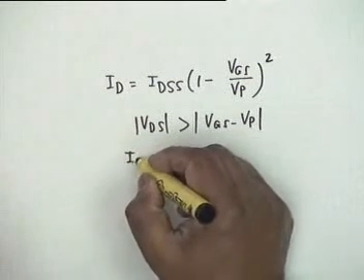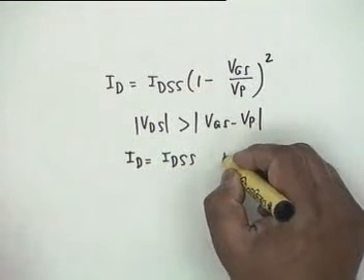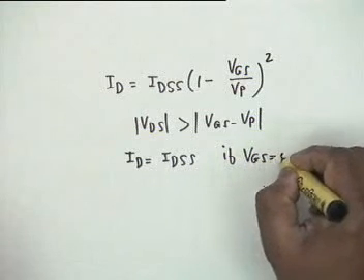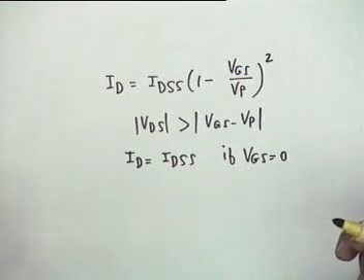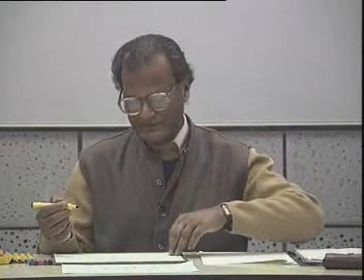And you see that ID equals IDSS if VGS equals 0. If you recall the characteristics, at VGS equal to 0, the value of the current is IDSS.